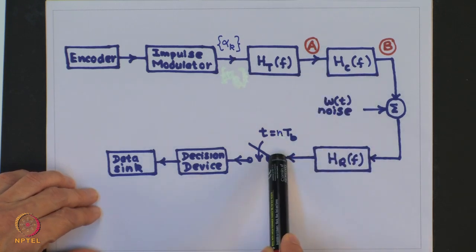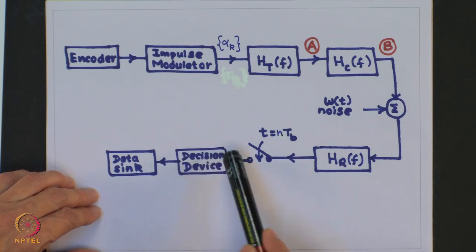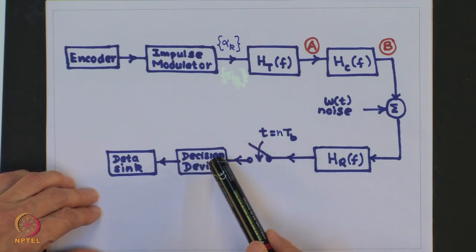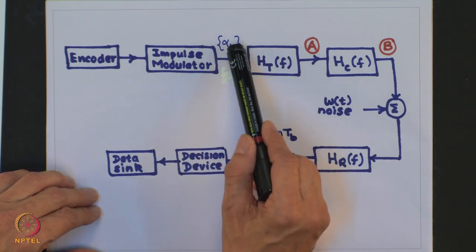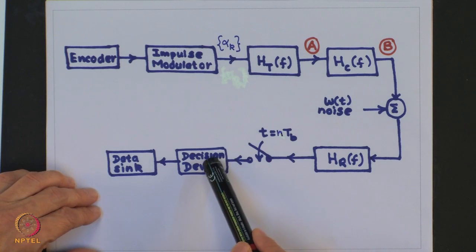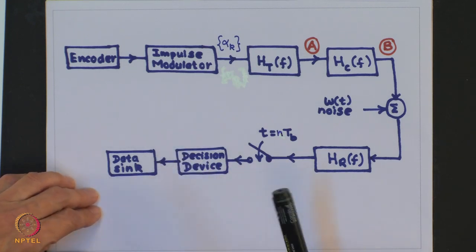And then we sample it, and then we use a decision device to take the decision of the amplitude alpha k, and then accordingly we find out which message has been transmitted.